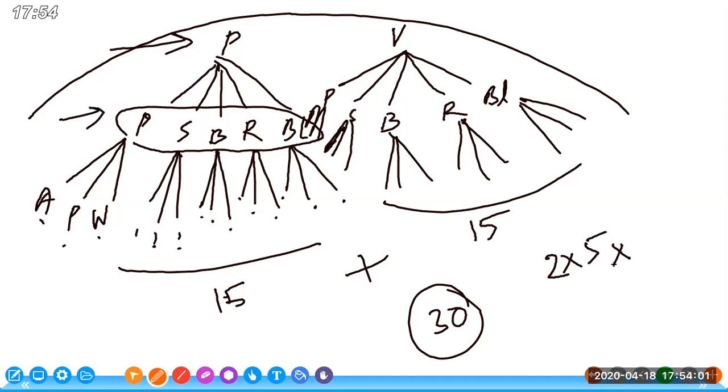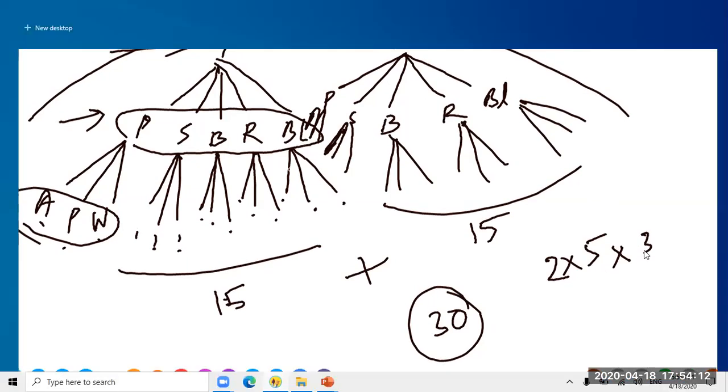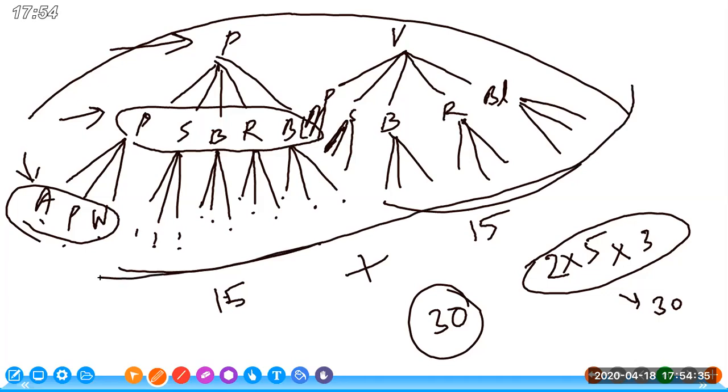And for the nuts, I have three choices. So three, that's my third item, nuts. What's the total I'm getting here? 2 multiplied by 5 multiplied by 3, I will get 30. So using the fundamental counting principle, this method is shortened to only this much.